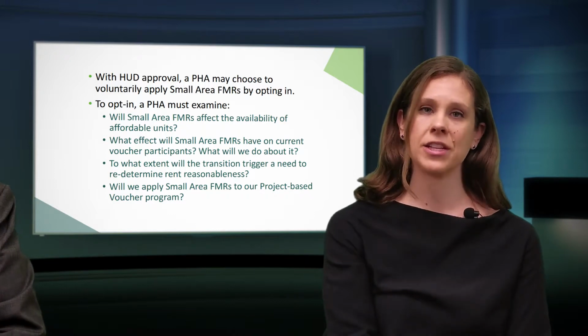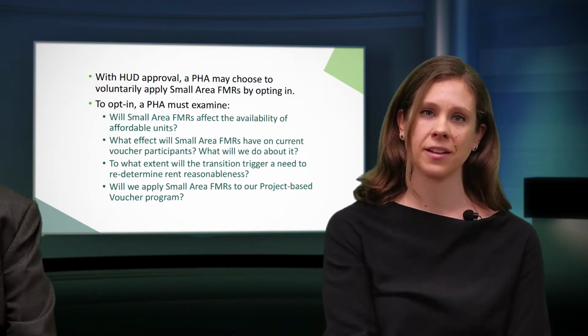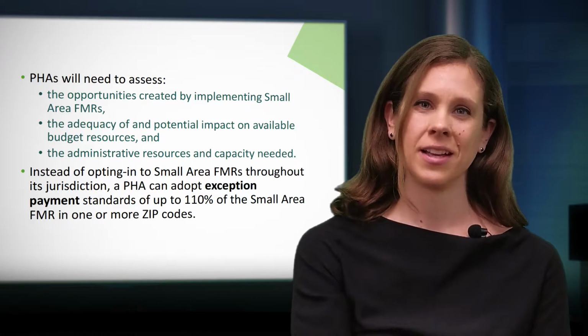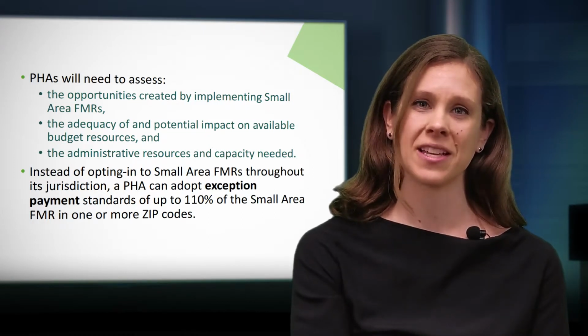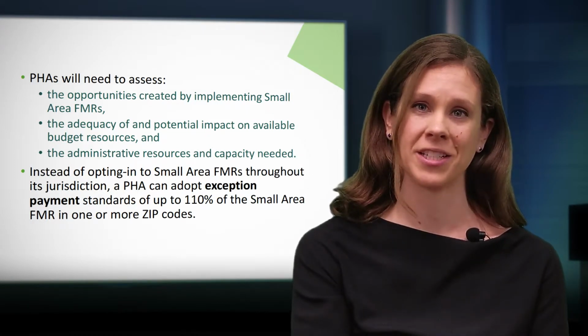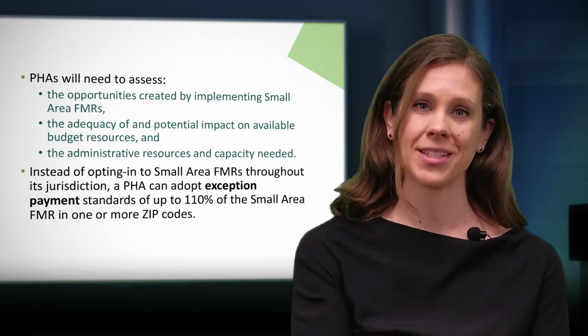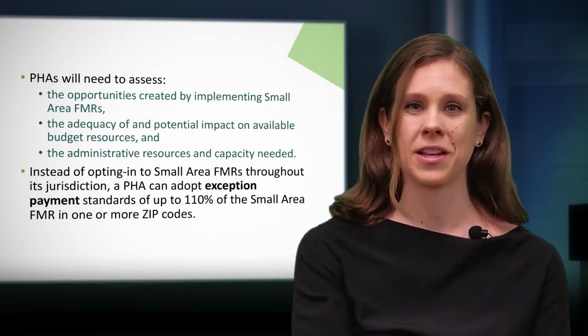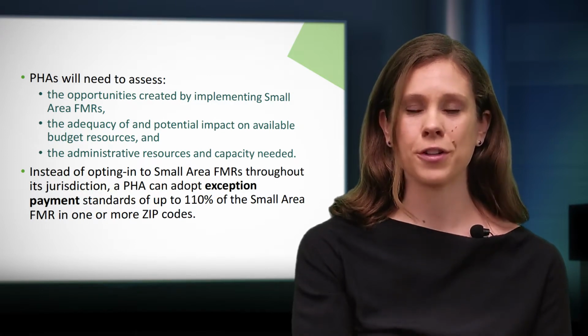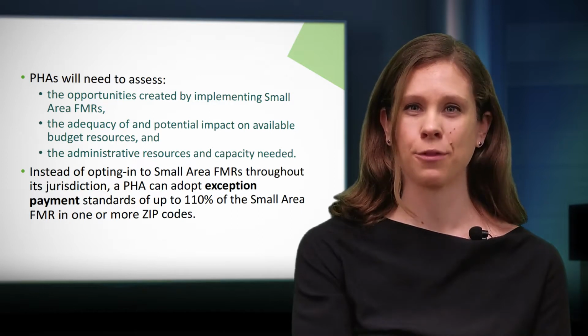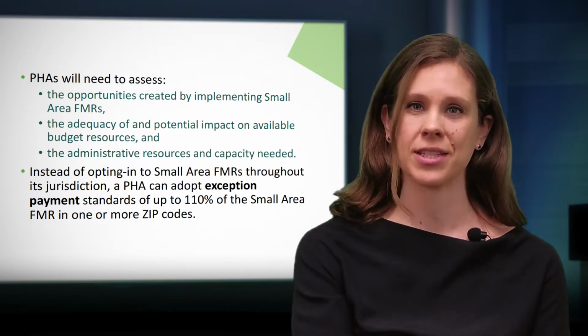We will discuss each of these considerations in greater detail later in this webcast. In addition, PHAs may want to assess the opportunities created by implementing small area FMRs, the adequacy of and potential impact on available budget resources, and the administrative resources and capacity. Refer to the Small Area FMR Guidebook for more information about these considerations.